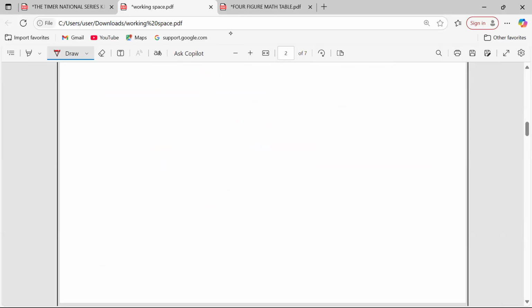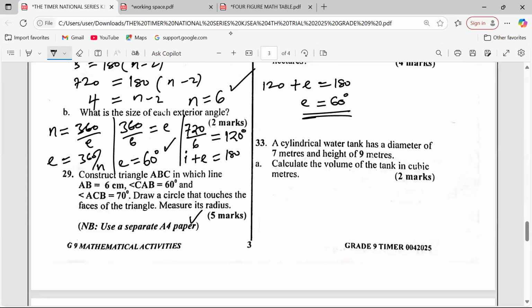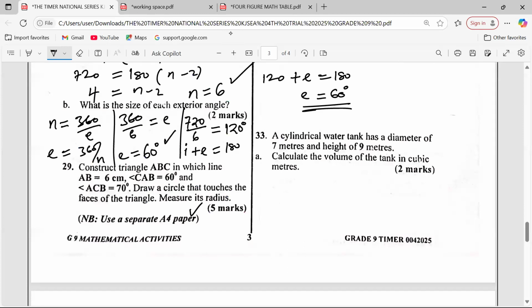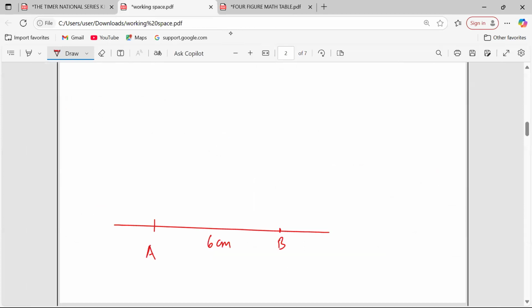I begin by drawing line AB. That is point A. Then I come with a radius of 6 centimeters. AB 6 centimeters is already constructed. Then I continue. The angle at A is 60.